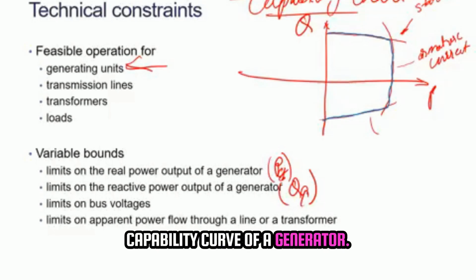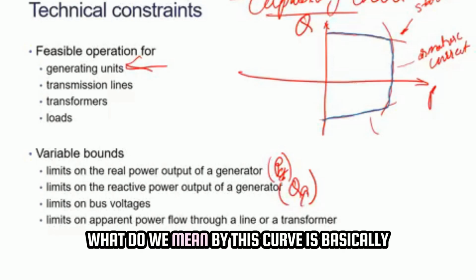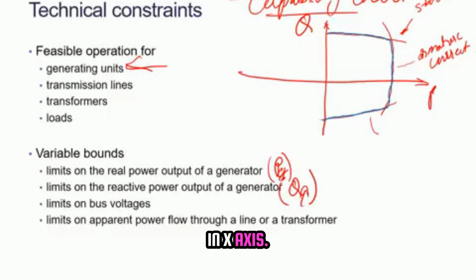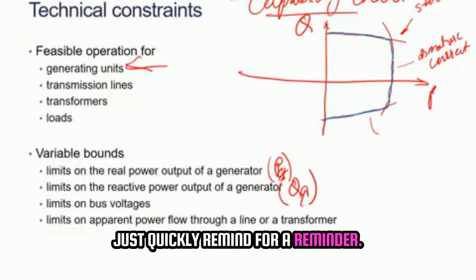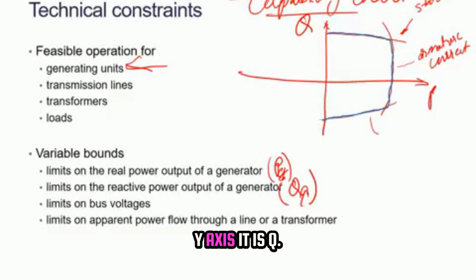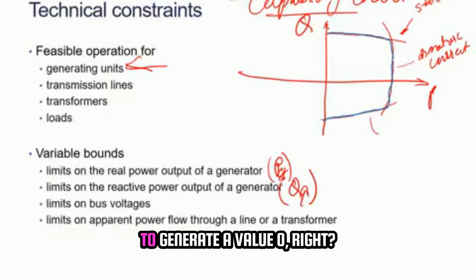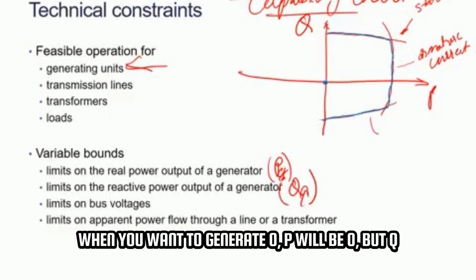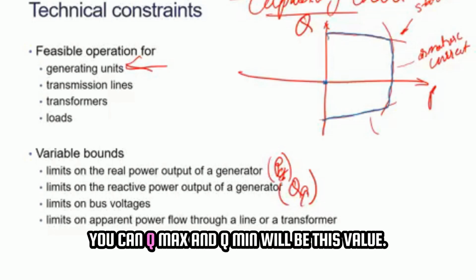What do we mean by this curve? Just as a reminder, the x-axis is P and the y-axis is Q. Let's say you want to generate a value 0. When you want to generate 0, P will be 0, but Q max and Q min will be this value.